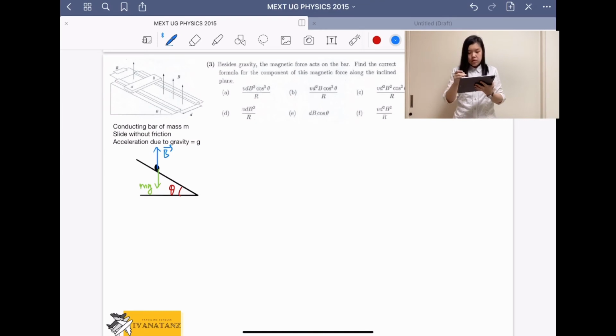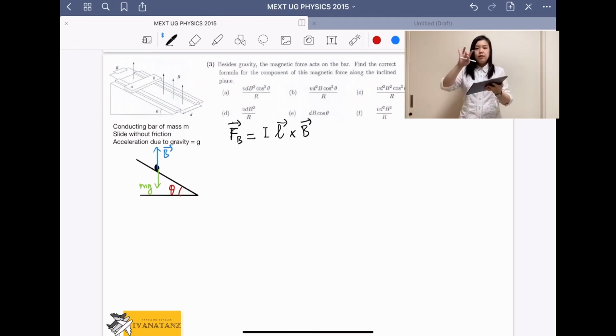If you recall, that magnetic force FB equals IL cross B, magnetic B. So what is the L? L is just the length of the bar.